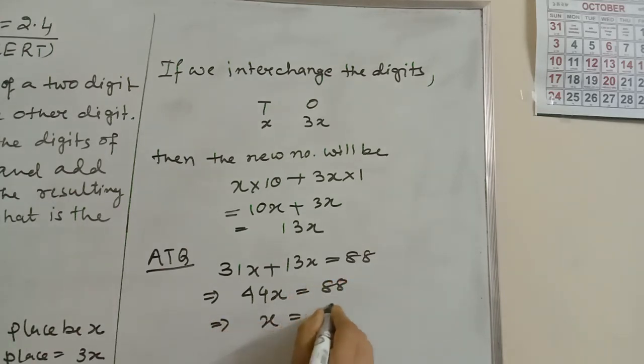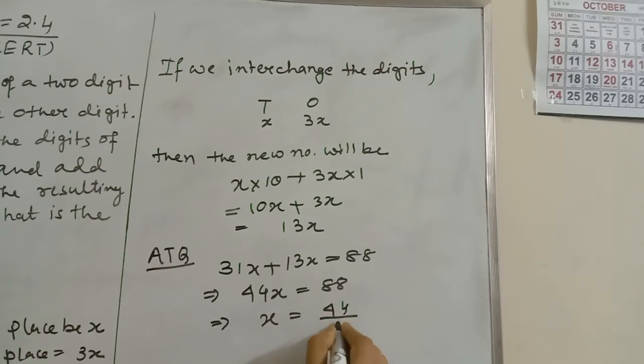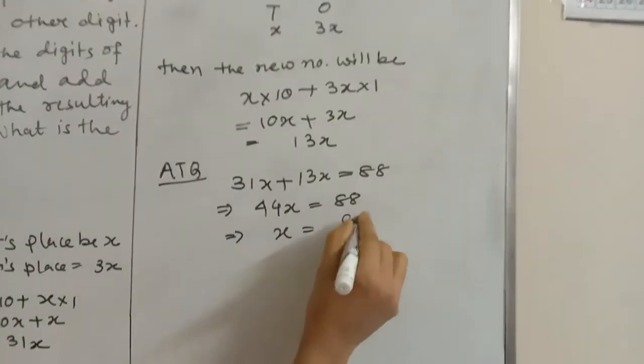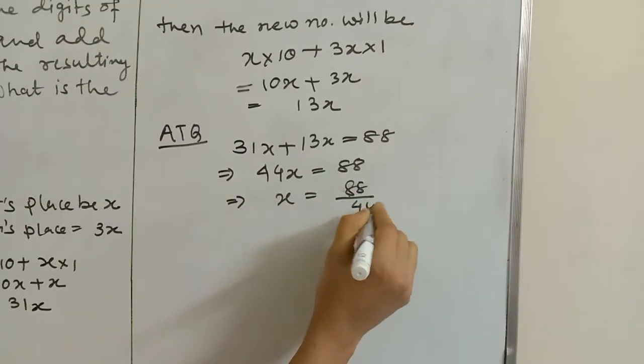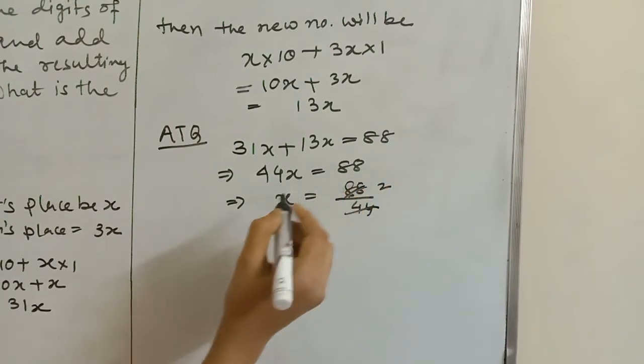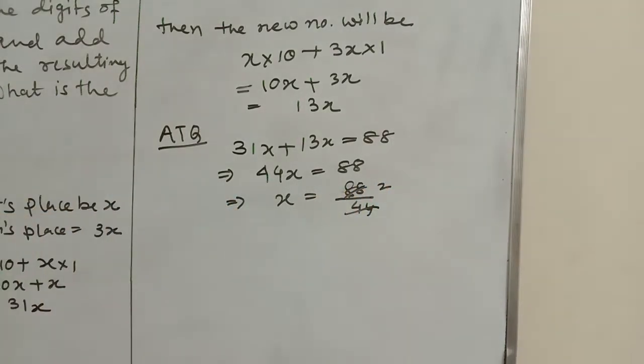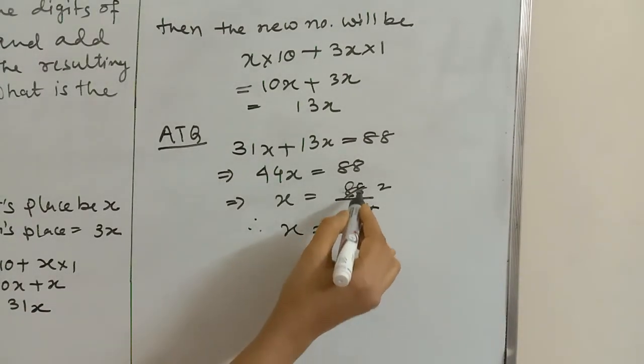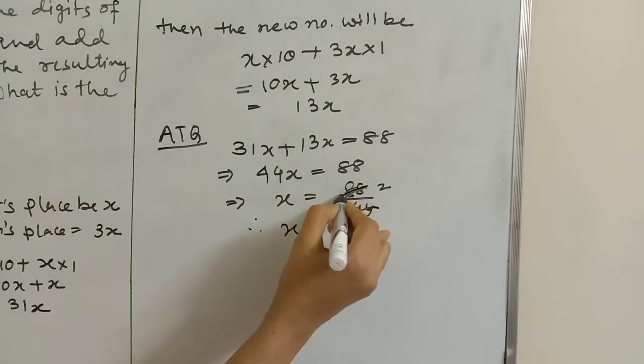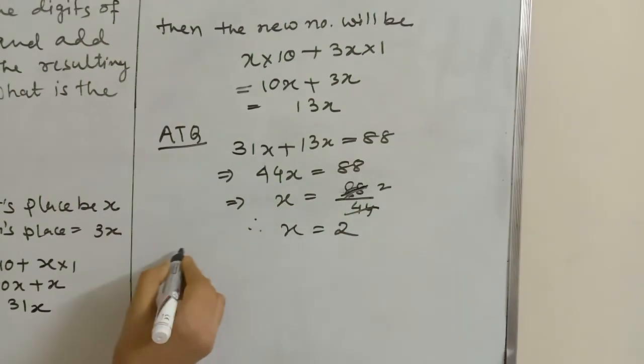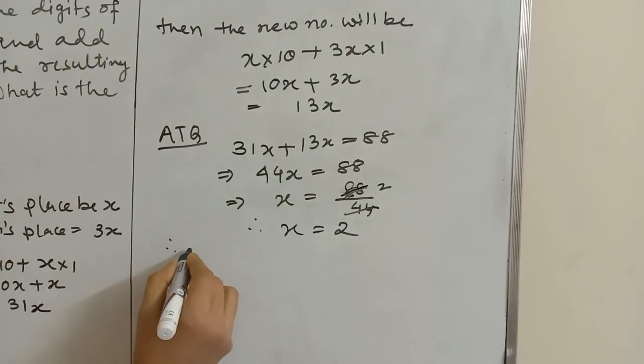x is equal to 88 by 44, that is 2. 88 divided by 44, you will get 2, therefore x is equal to 2. Therefore what is the original number?